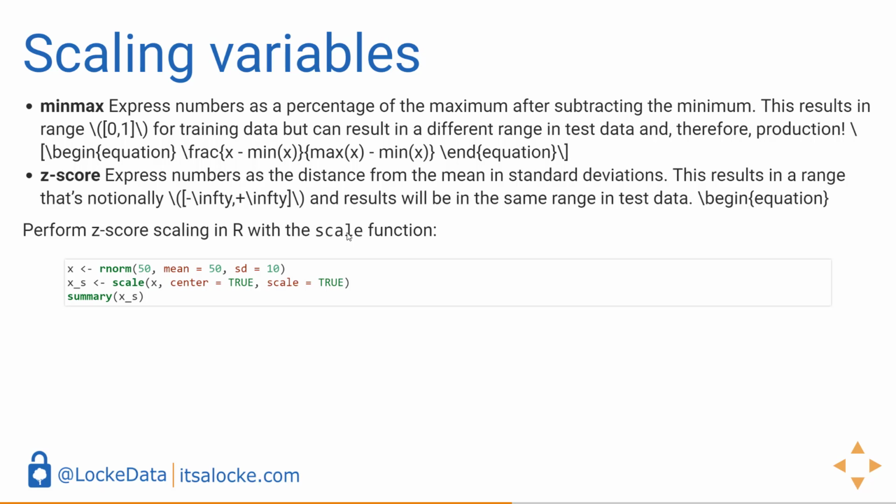Okay, so I said earlier we need to scale variables. There's two common ways of scaling numeric variables. One is min-max. You take how far away from the minimum a given value is, and you divide that by the range in the data. So this gets you a 0 to 1 value, which is really good for things like neural nets.